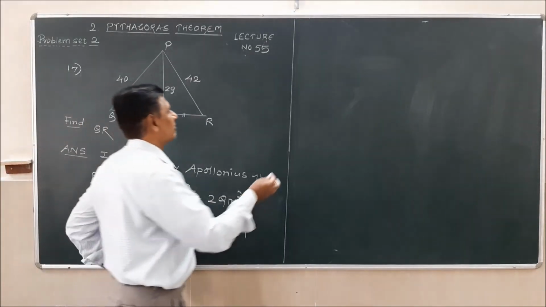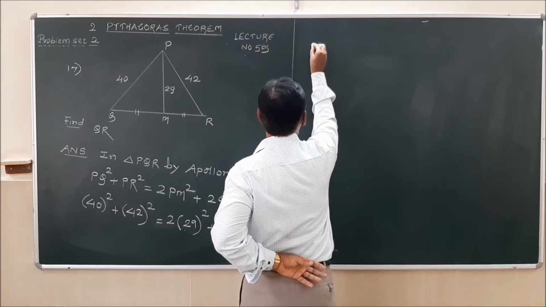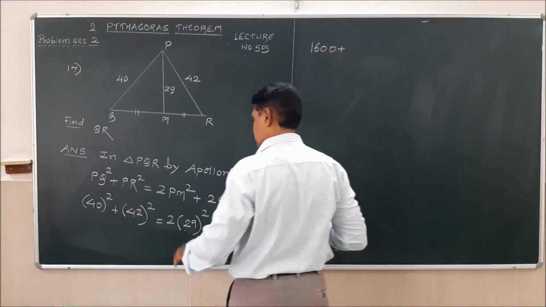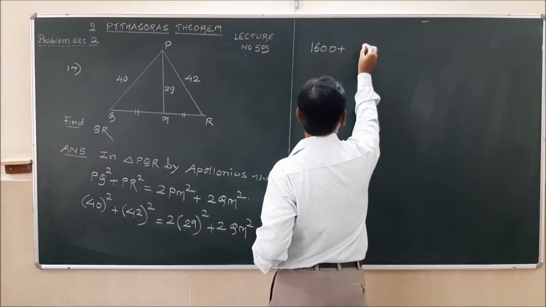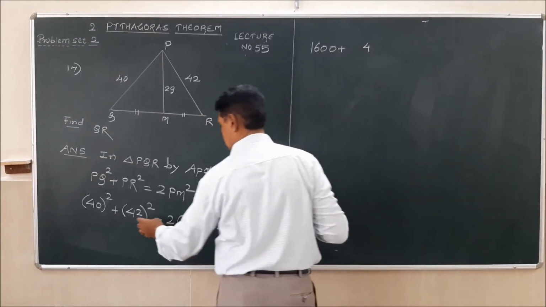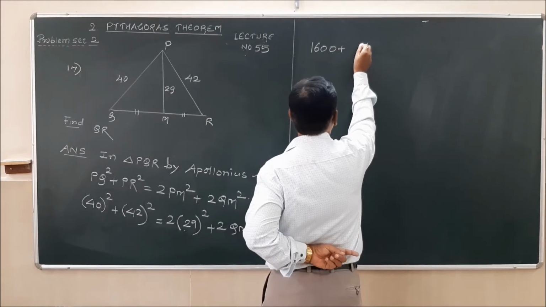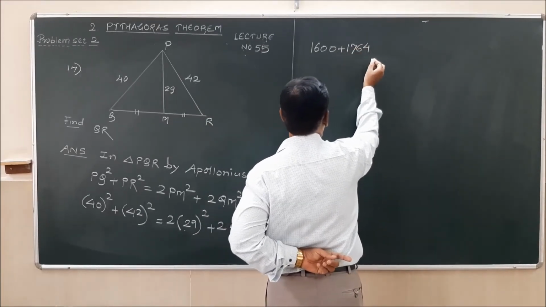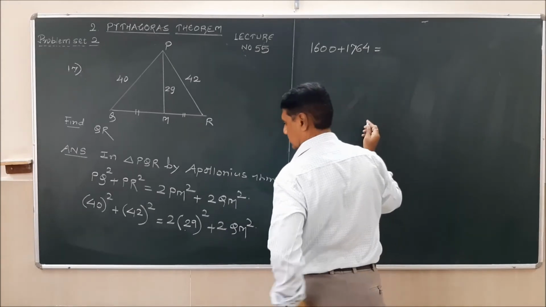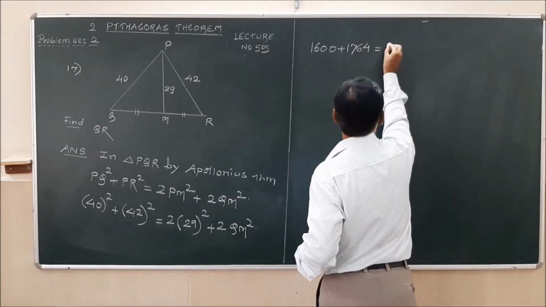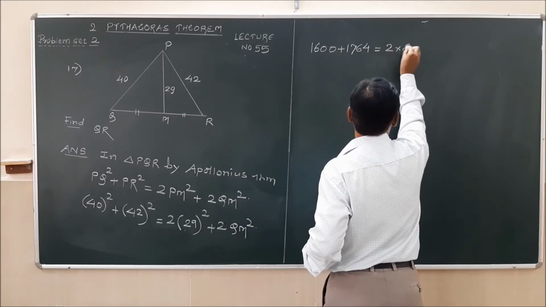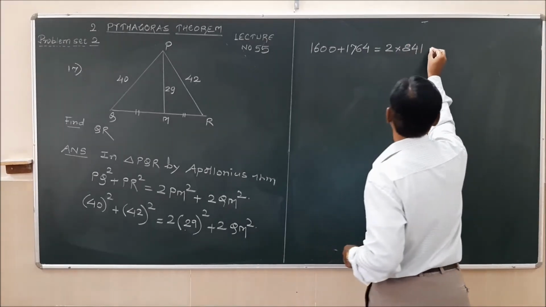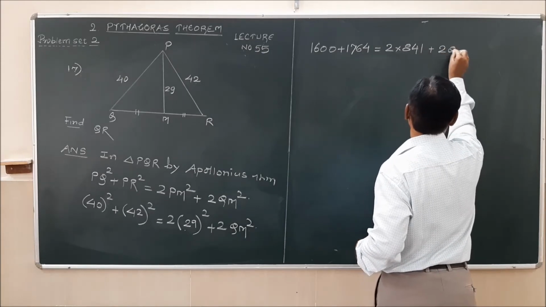40 square is 1600 plus 42 square, 1764. 42 square, that is equal to 2 into 29 square is 841 plus 2 QM square.